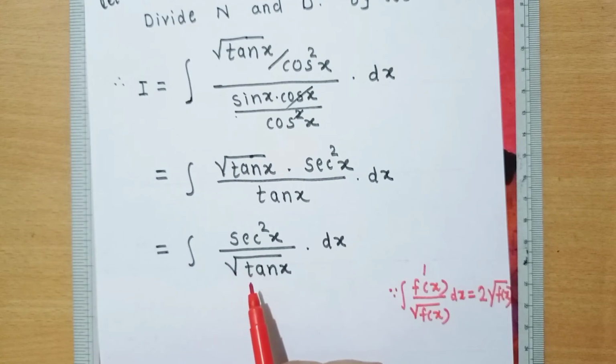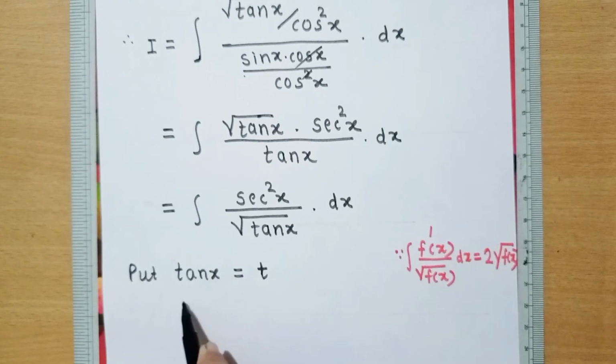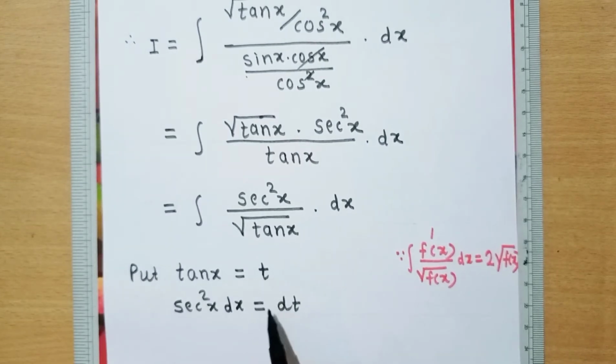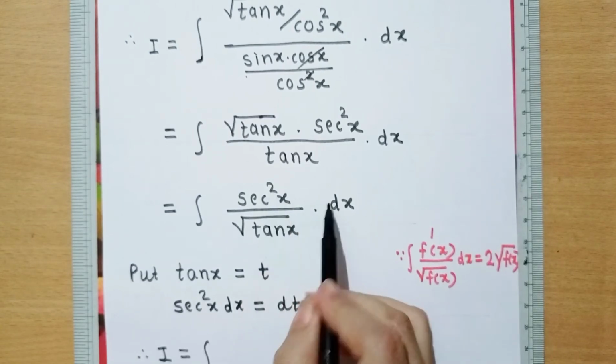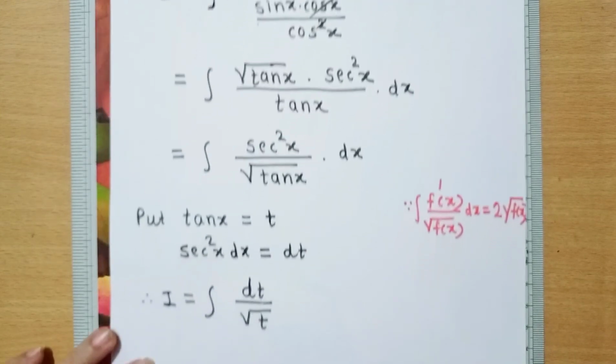But since this is the substitution method, we will solve by substituting tan of x equal to t, and therefore sec square of x dx, on differentiating, is equal to dt. So we will substitute these two things here, and therefore I is equal to the integration of dt upon root t.